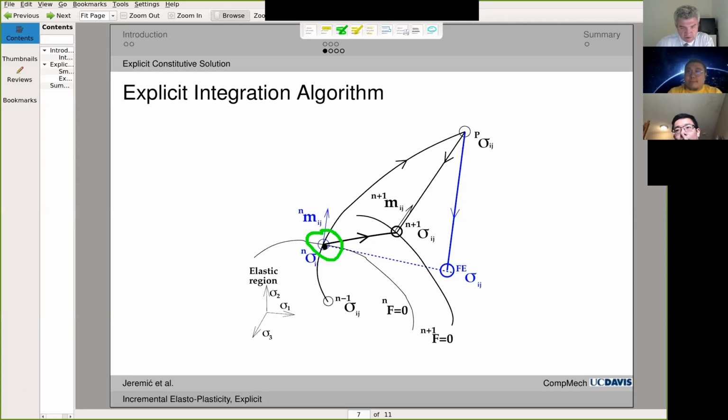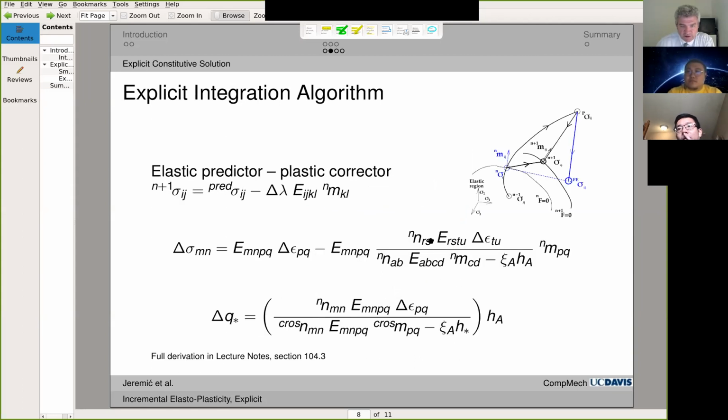This is our assumption that everything is differentially small. So we do end up with a tiny error that drives our stress out of the yield surface, and that's what happens all the time with explicit solution. There's a full derivation of how these are obtained in the lecture notes in section 104.3.